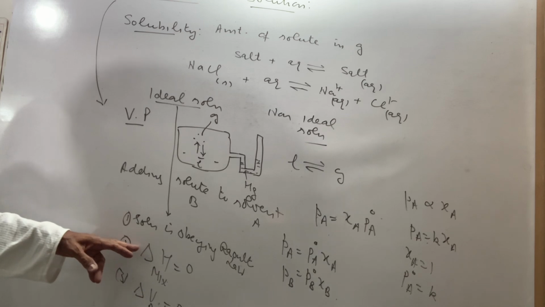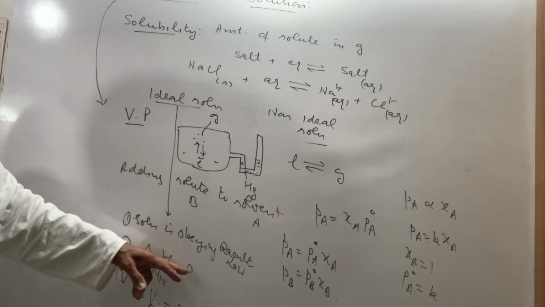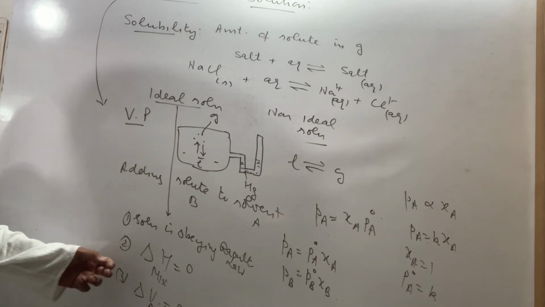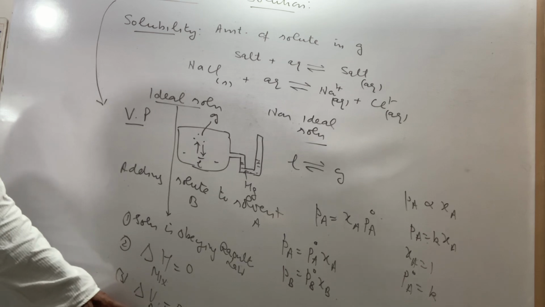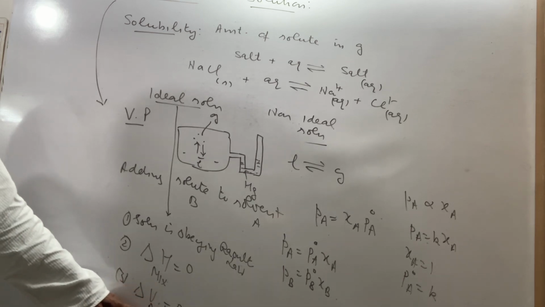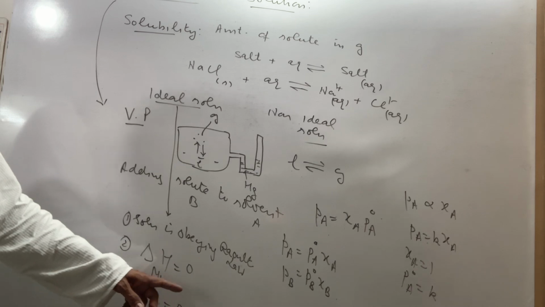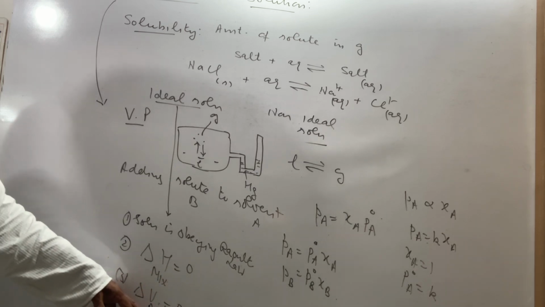Naturally, neither heat is evolved nor absorbed, so delta H mixing will be 0. Bonds are neither breaking nor being formed. Delta V mixing means the final volume after mixing minus the initial volume before mixing. That will be the same, so the result will be 0.